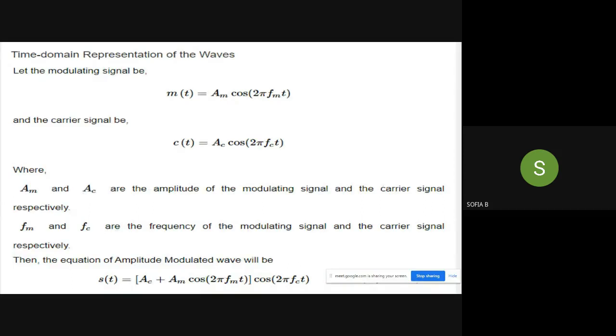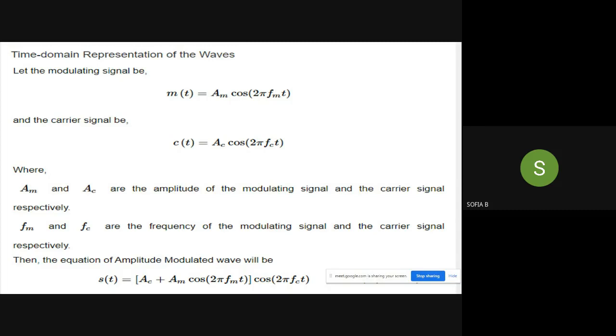Time domain representation of the wave. Let the modulating signal be m(t) = Am cos 2π fm t and the carrier signal be c(t) = Ac cos 2π fc t, where Am and Ac are the amplitudes of the modulating signal and the carrier signal.